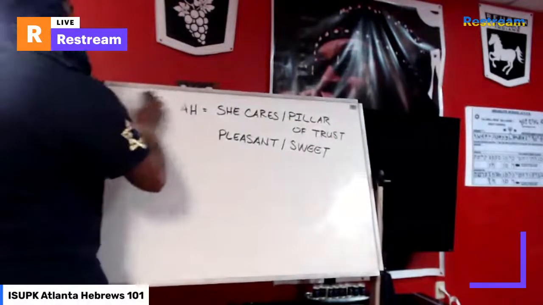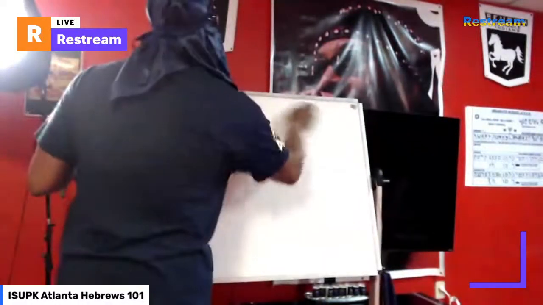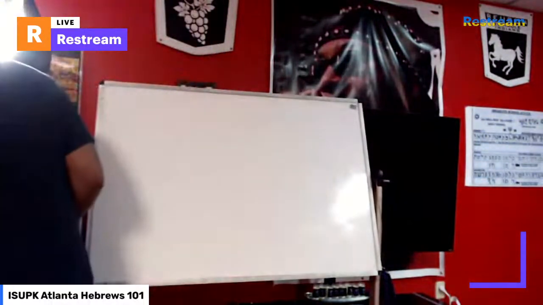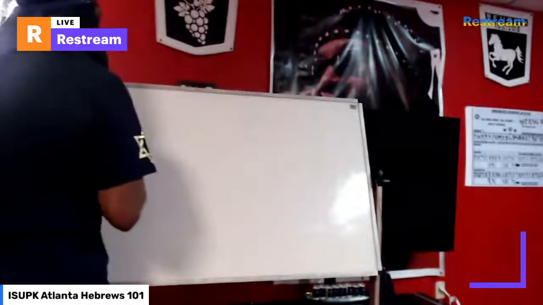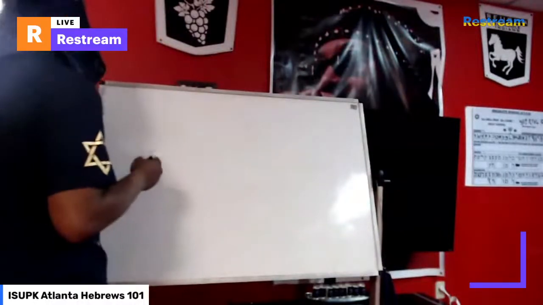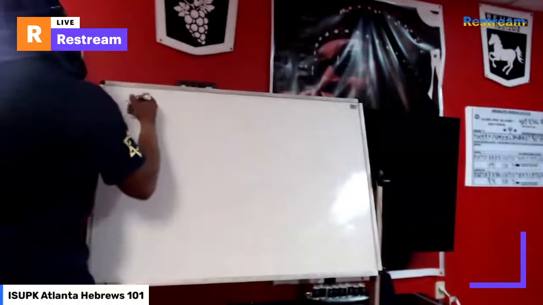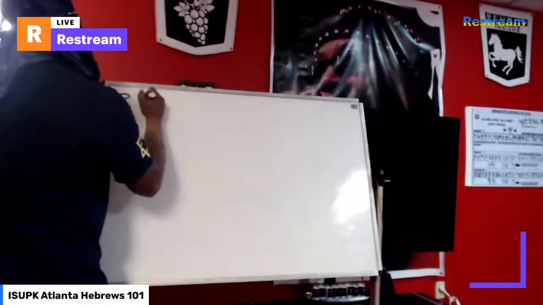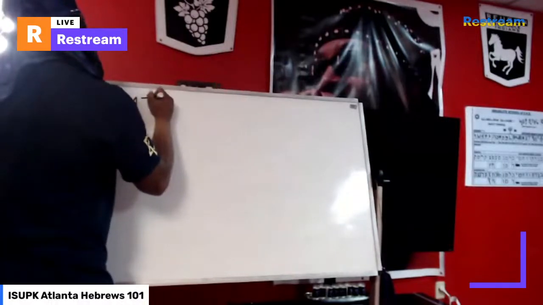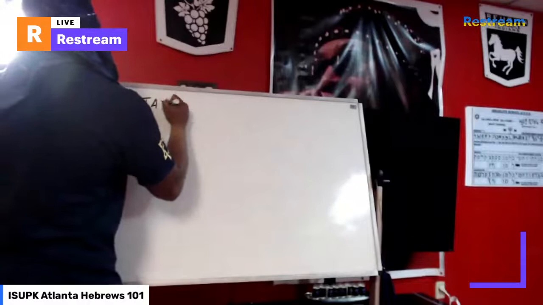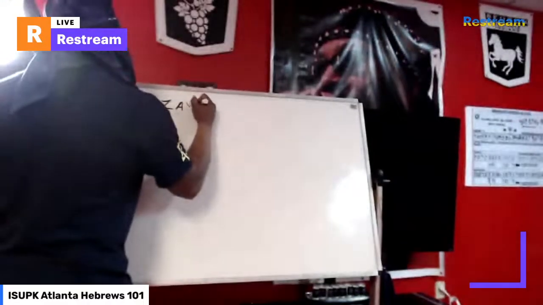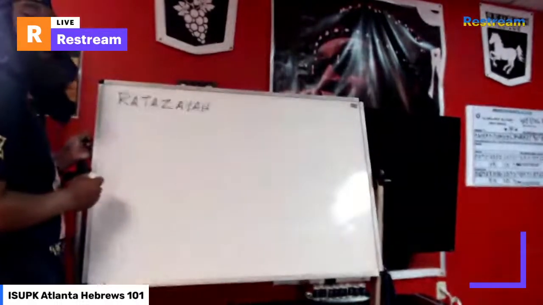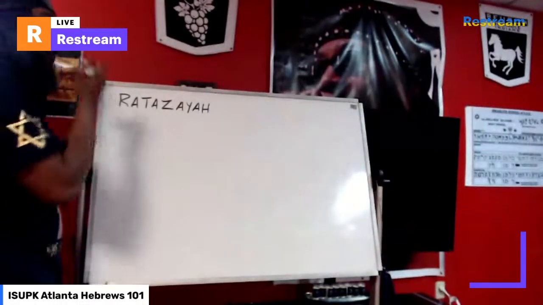Cool. So now we've gone over a few sisters' names. Let's go over a few brothers' names. Cool. Let me start off with Rataziah. All right?